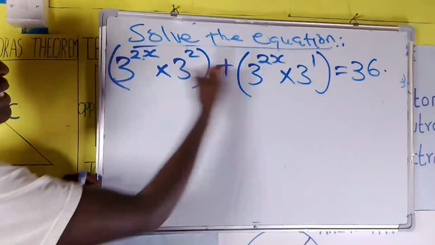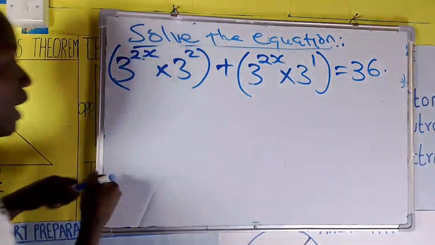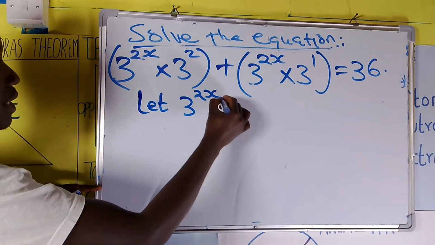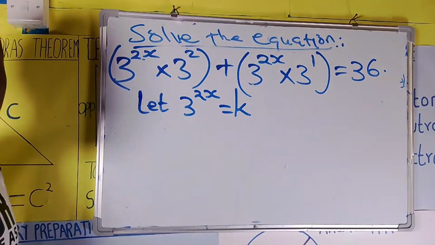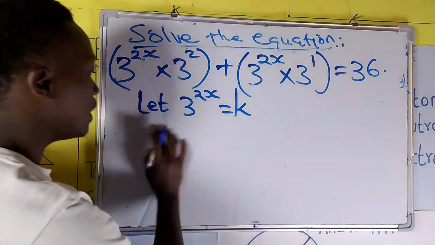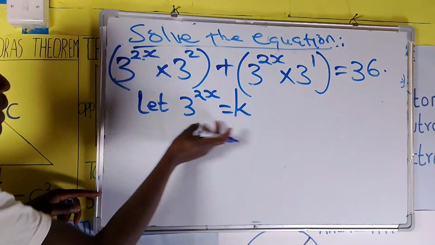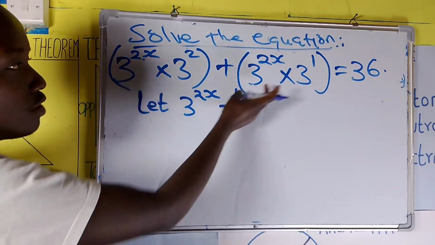Hapa tuko na 3 to power 2x na tuko na 3 to power 2x. Hizi mbili zinafanana. Na kwa sababu hizi mbili zinafanana, we can come and say let 3 to power 2x be k. Let 3 to power 2x be k. And once 3 to power 2x is equal to k, what we are going to do now is we will replace 3 to power 2x, tuweke k. Mahali kuna 3 to power 2x tuweke k.